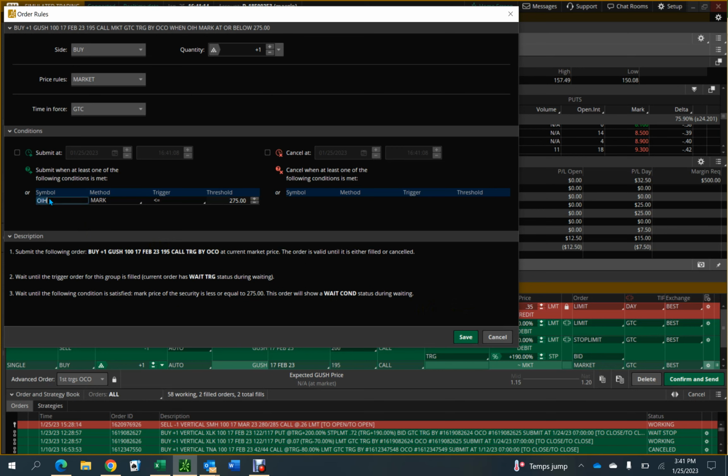First of all, we'll change the symbol to GUSH. Going to base it on the mark. This is a call, and so the trigger has to be equal to or greater than, and the number it's equal to or greater than is 195, that number right there.